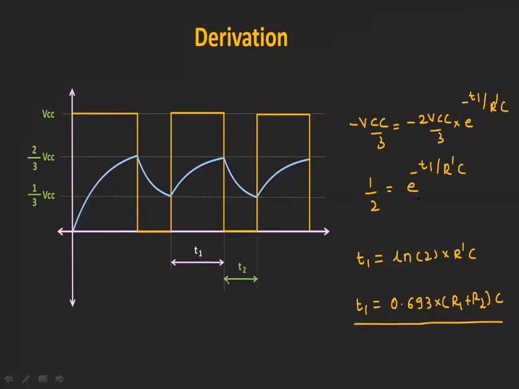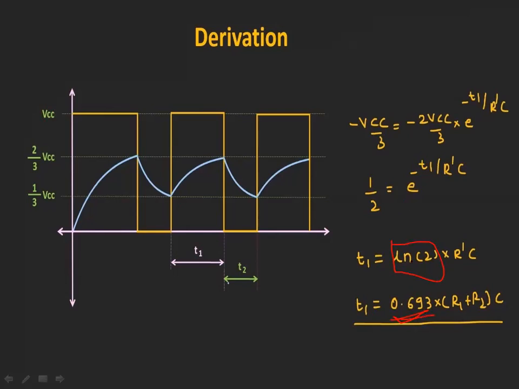So if you take a natural logarithm on both sides, T1 is equal to ln of 2 into R dash into C. The ln of 2 value is nothing but 0.693. In the last slides we have seen that 0.693.